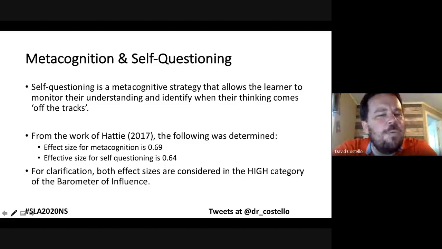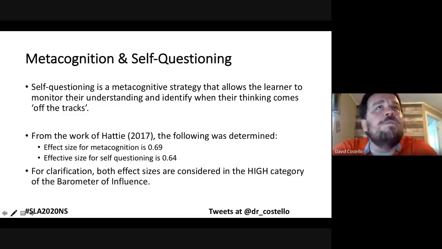But when we look at the work of John Hattie, the following was determined. The effect size for metacognition has an influence factor of 69 hundredths, which is significant, in that we know it moves student learning.